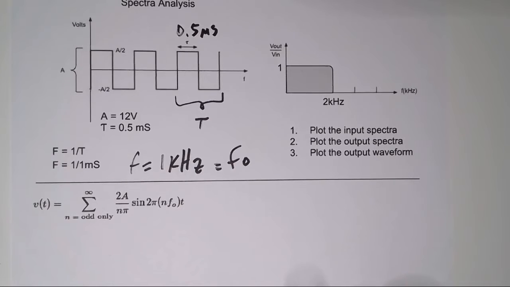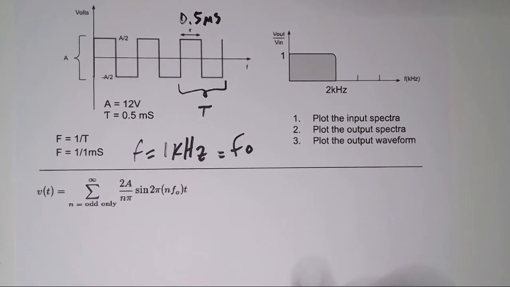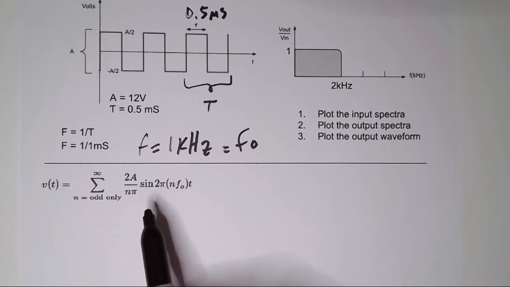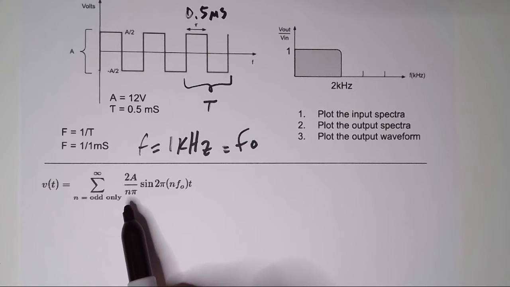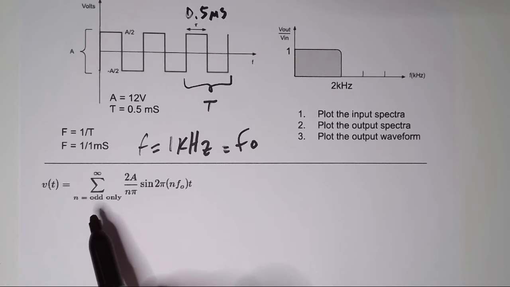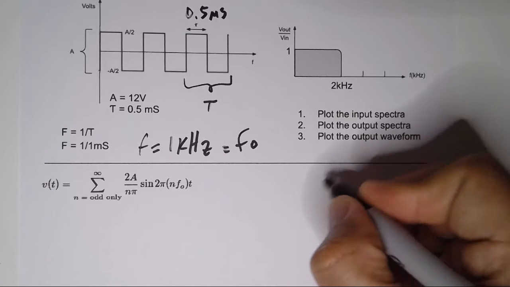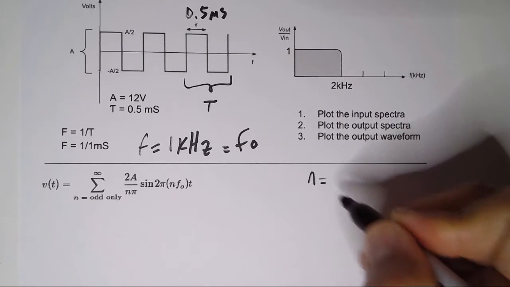Now let's work on the first harmonic. To find the first harmonic, how do we use this first of all? N here is equal to only the odd numbers. So we'll be able to find n harmonics.